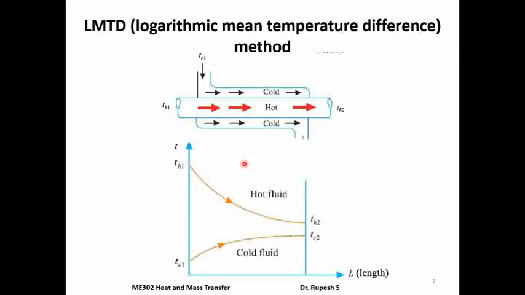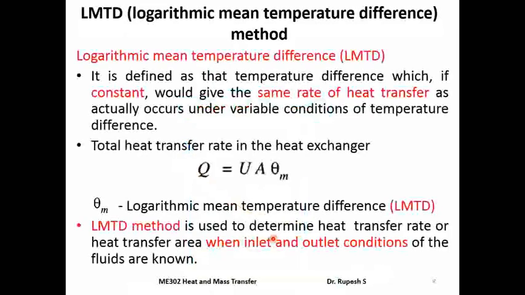So we can see that at this section the heat transfer is due to this temperature difference, whereas at this section it is due to this temperature difference, and at this section it is due to this temperature difference. Right? So this varying temperature difference we are going to replace by using a constant temperature difference that gives the same heat transfer rate that occurs under variable conditions of temperature difference. This is what we call LMTD.